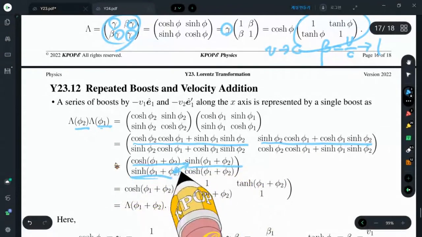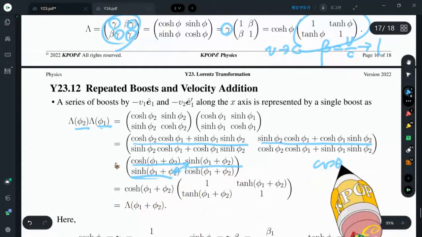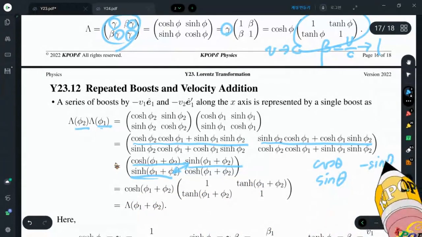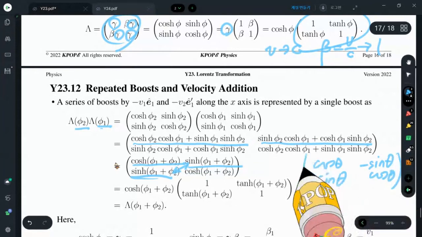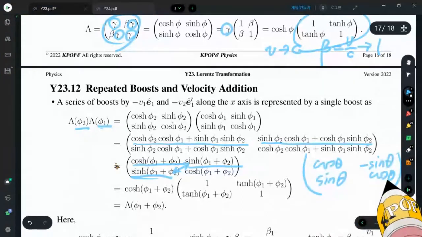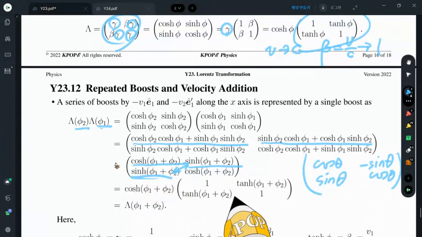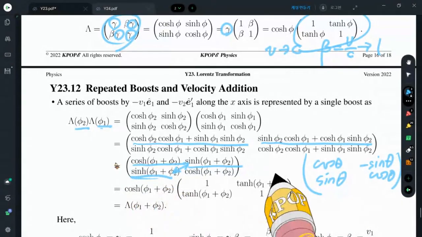And these are the same. Remember, rotation looks like cosine, sine, minus sine, cosine. And its determinant was 1, cosine squared plus sine squared. In here, still the determinant is 1, the same.